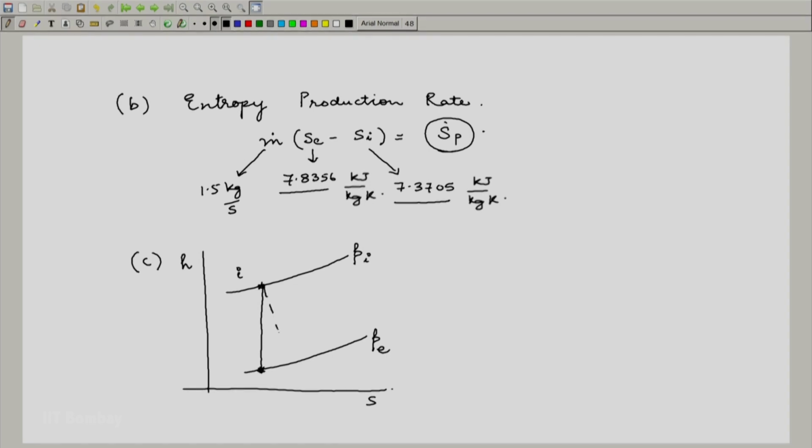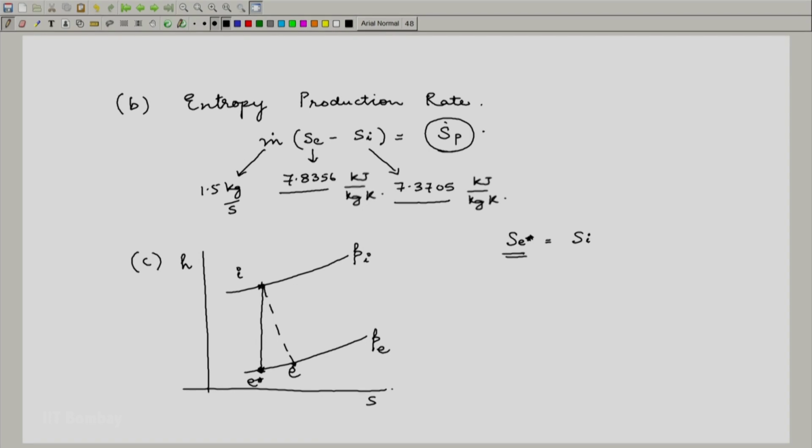Instead of that, you have reached a point at, this is E star, you have reached E, which is at higher entropy. So, what do we get? We get, for the isentropic state, SE star is equal to Si.